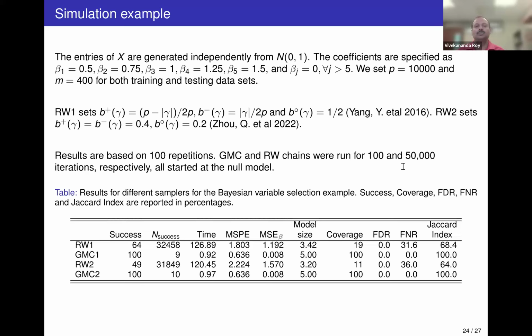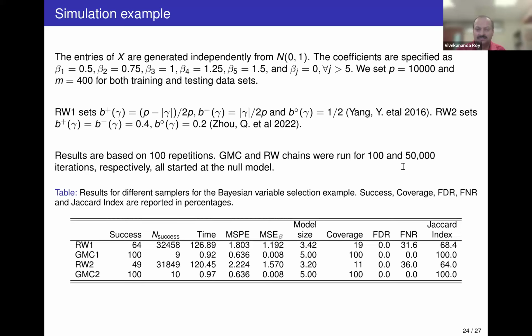And then we look at the median model, which is generally used in the Bayesian variable selection. We calculated the mean square prediction error, the mean square error in beta, and geometric methods perform much, much better. The coverage is defined in terms of whether the median model was able to capture the true model.